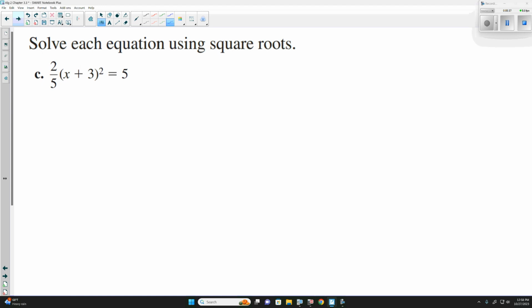Now again, I've been saying our first step is to get the term being squared by itself. Here the only place where x appears is inside the parentheses squared, so we can still use the square root method. We just need to get that set of parentheses by itself and then take the square root of both sides. What's the only thing being applied to our set of parentheses being squared?